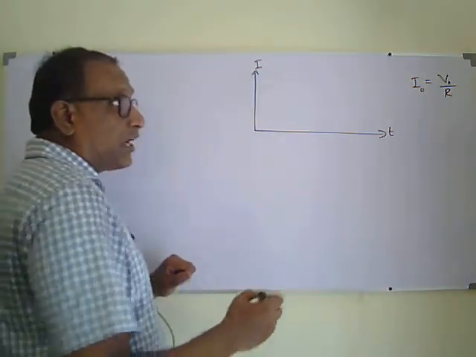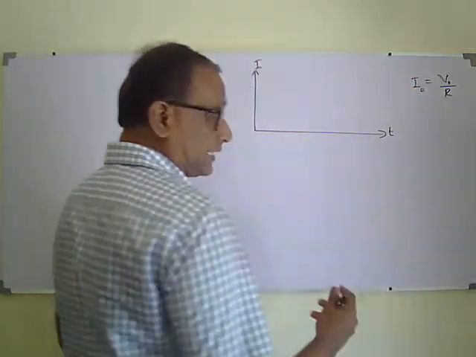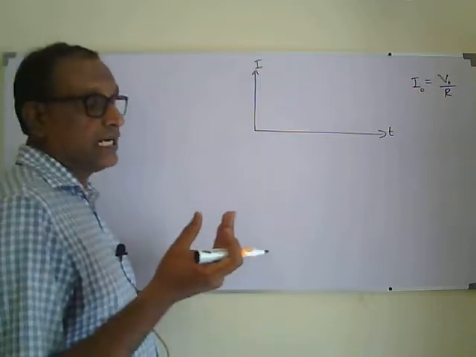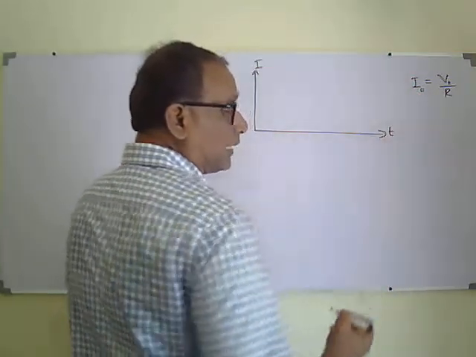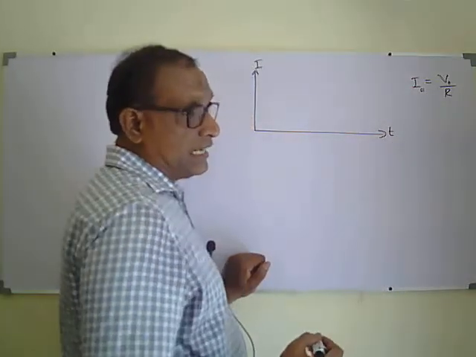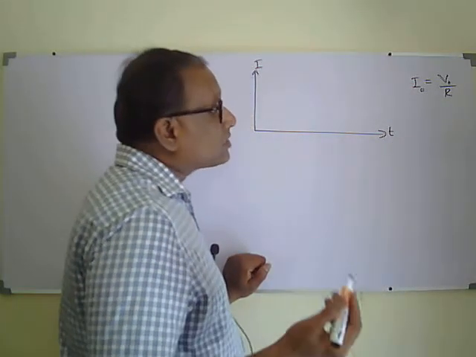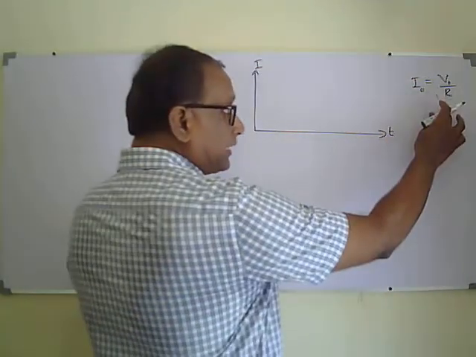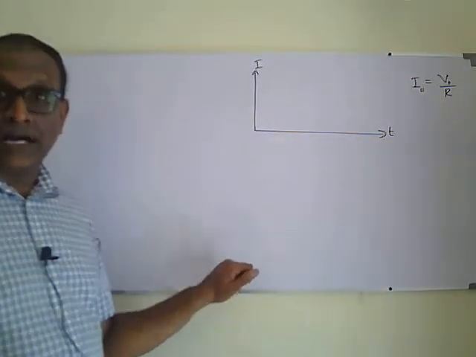So if you are using a higher resistance during the charging process, the initial current will be smaller, and smaller resistance means the initial current will be higher.